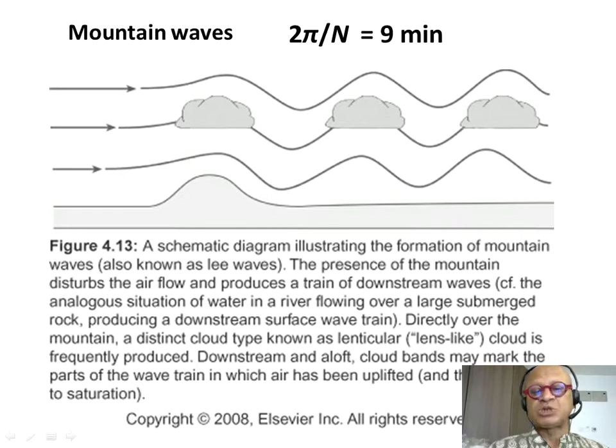which we will see in a minute in a picture. Downstream and aloft, cloud bands may mark parts of the wave train depending on the background winds and how long the wave can be sustained based on other conditions. But essentially, when the wave has these crests and troughs, you're obviously going to expand and then compress and potentially create the clouds.